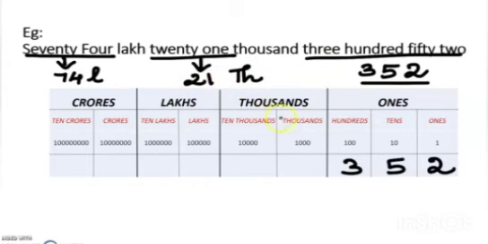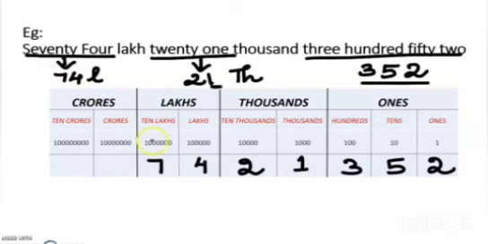So here 1 belongs to thousands place and 2 belongs to 10,000s place. Then we have 74 lakhs, that is 4 belongs to the lakhs place and 7 belongs to the 10 lakhs place. So this is how you write the numbers from the number name.